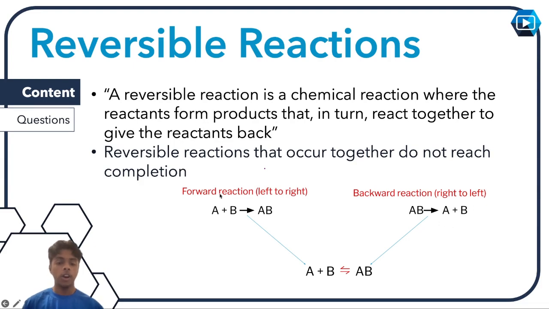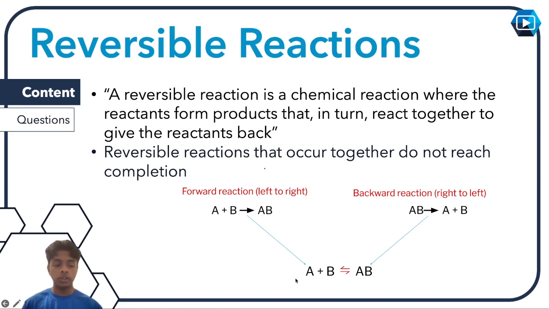The forward reaction is where A plus B turns into AB, and we also have a backward reaction where AB turns into A plus B. If both of these occur together, or simultaneously, we get a reaction where the arrow is now two-directional, or bidirectional. So it can go forwards or backwards. And that is the essence of a reversible reaction.